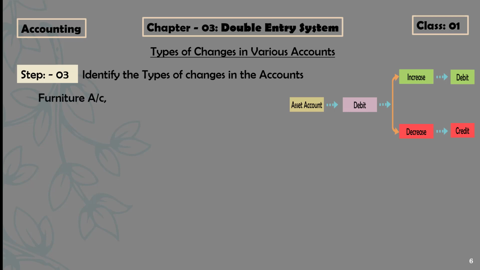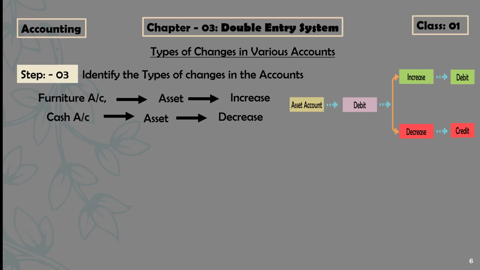Furniture account is an asset account, and since we have purchased furniture, it increases in our business. Cash account is also an asset account, and since we have paid cash to get the furniture, cash decreased. So furniture account increases and cash account decreases.